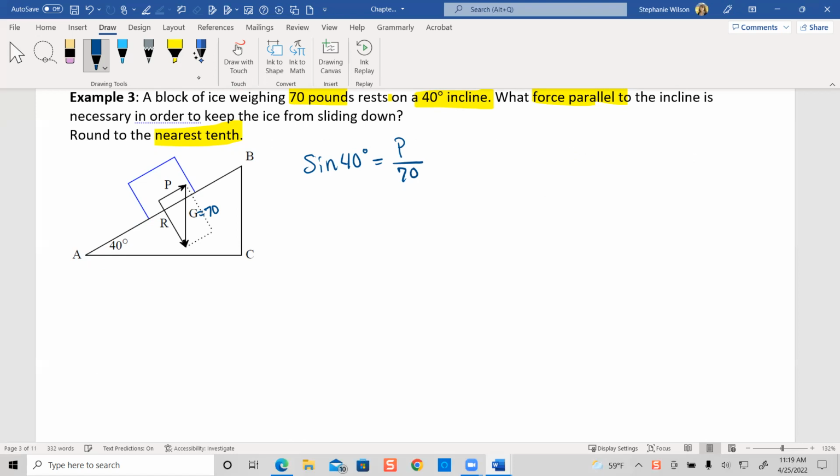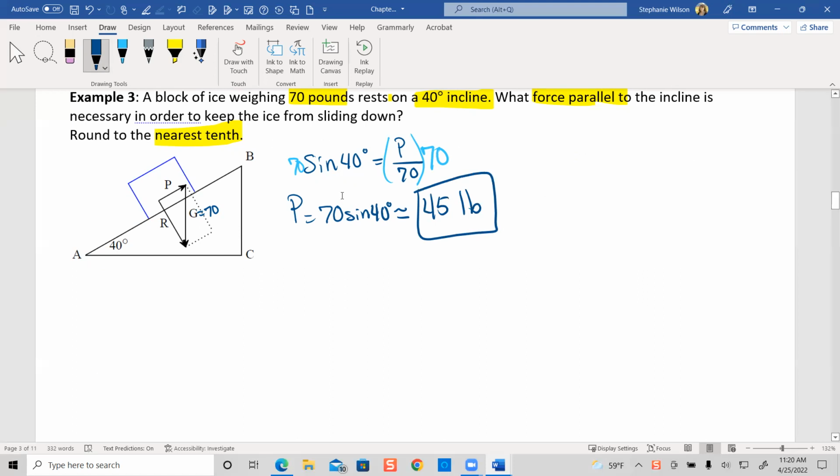Now I want to solve for P, so I multiply both sides by the denominator to undo it. So P is equal to 70 sine of 40 degrees. I type it in my calculator and I get 45 pounds, and that is my answer. It needs 45 pounds of force in order to keep it from sliding.